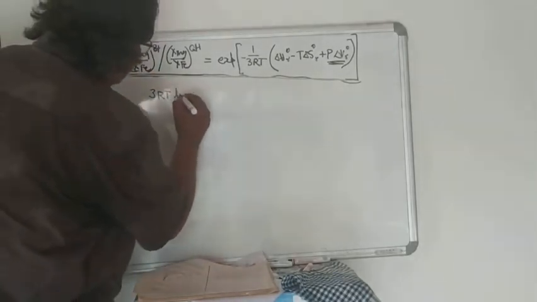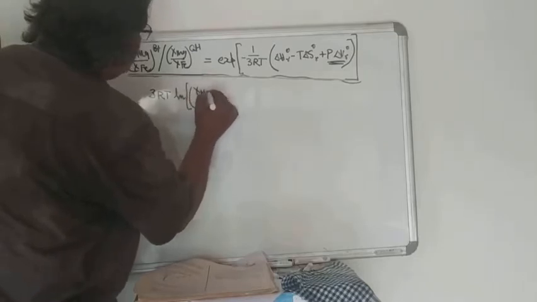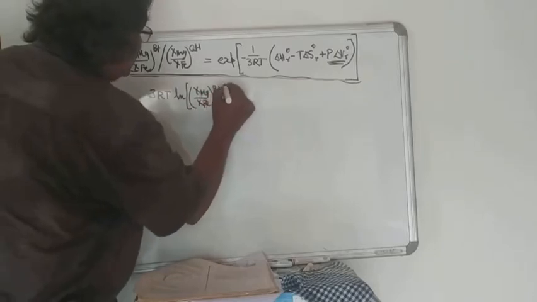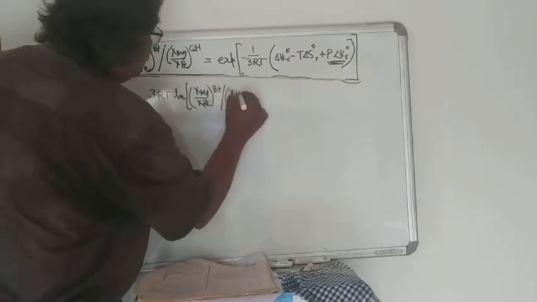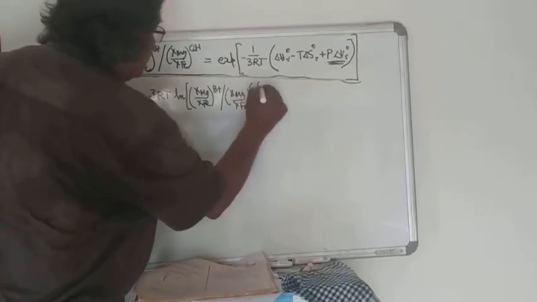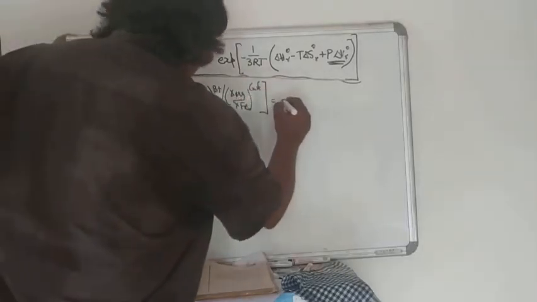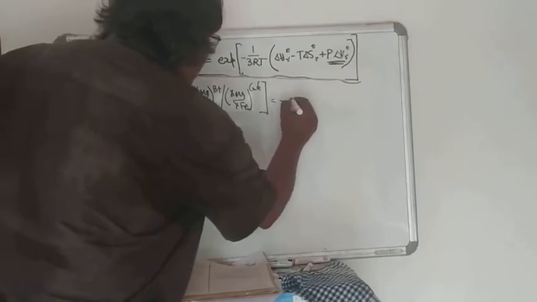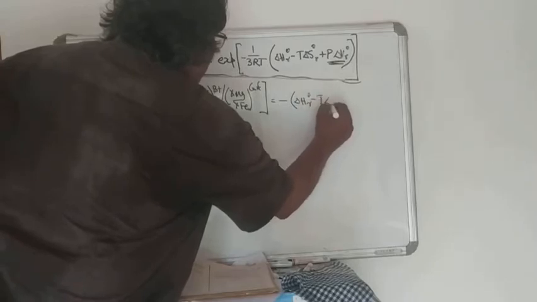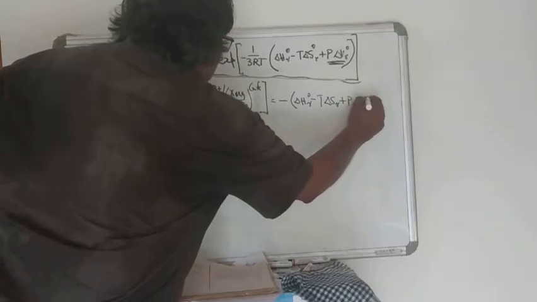So it is RT ln (XMg/XFe in biotite divided by XMg/XFe in garnet), and this is equal to minus delta H R0 minus T delta S R0 plus P delta V R0.